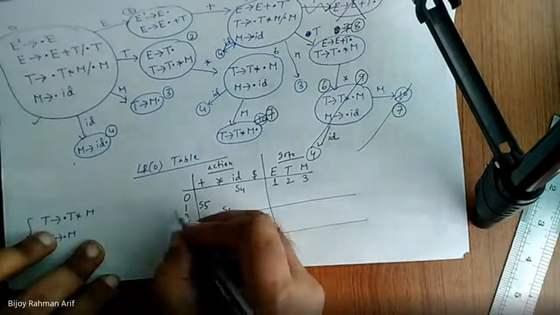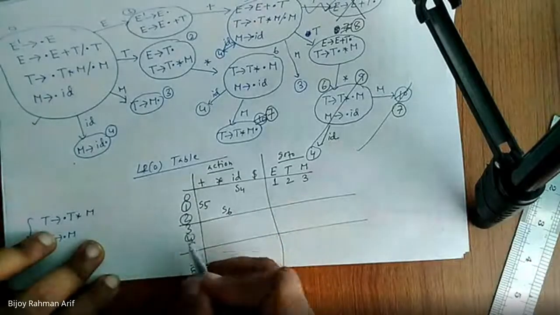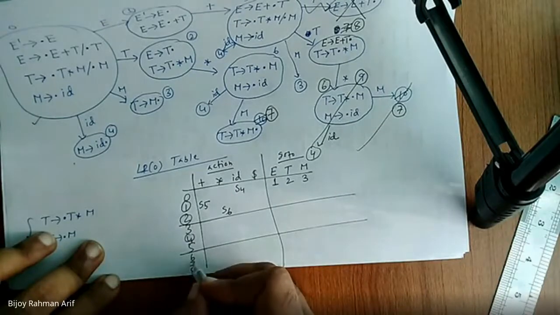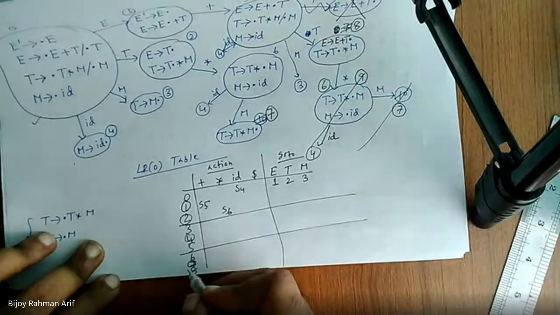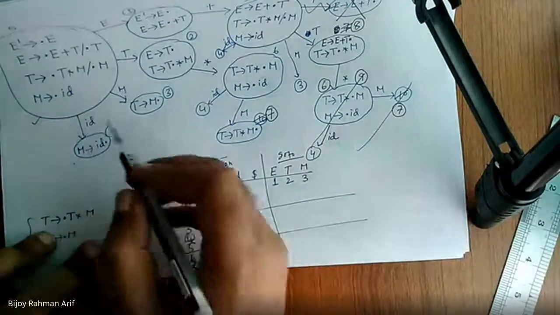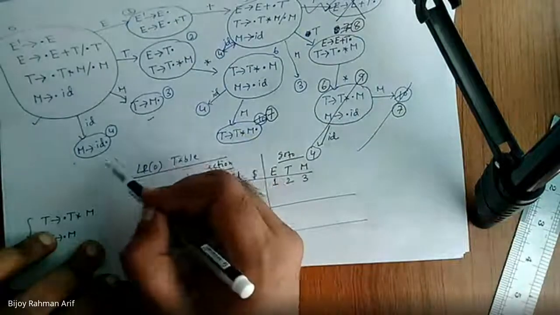What are the final items? 1, then 2, 4, 7. These are the final items. So 0 is done, 1 is done, 2 is done, 3 is a final item, 4 is a final item.